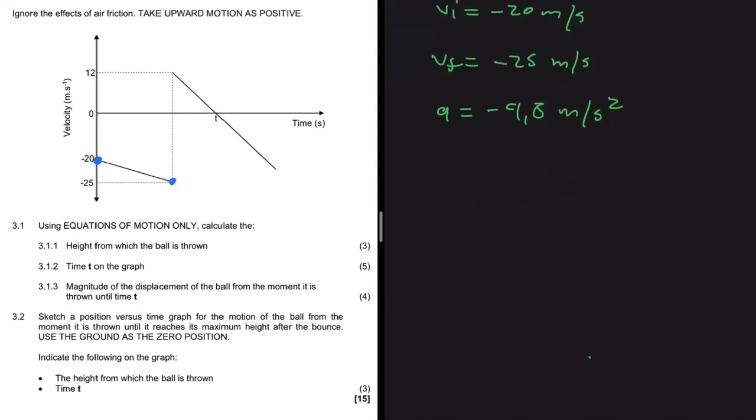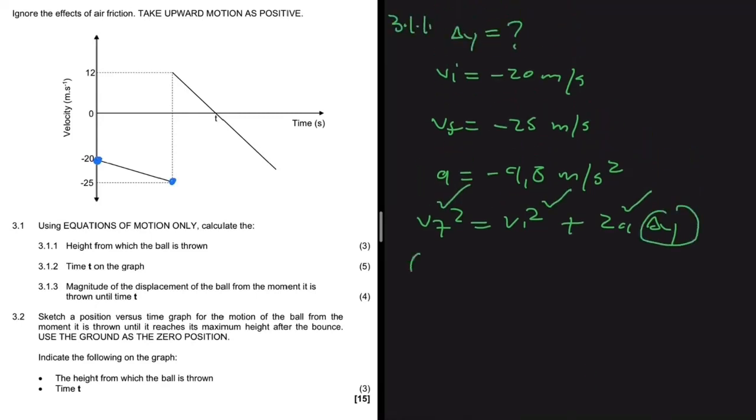We know fully well that the equation is VF squared equals VI squared plus 2a delta y. We have the acceleration, VI, and VF, and we're looking for delta y. VF is minus 25, the velocity at which our object strikes the ground.